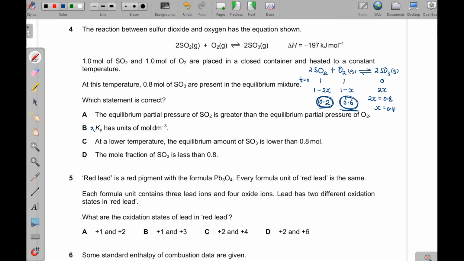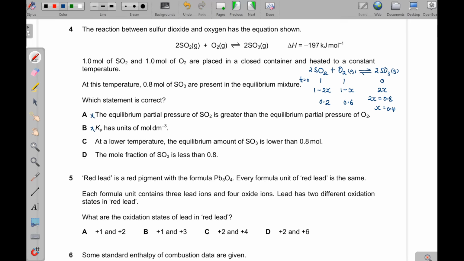Because pressure is directly proportional to the number of moles. We have PV equals nRT, so you can see that pressure is directly proportional to the number of moles present. So this one has to be off.